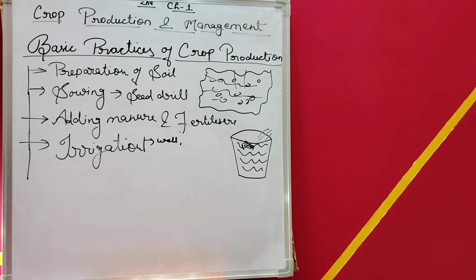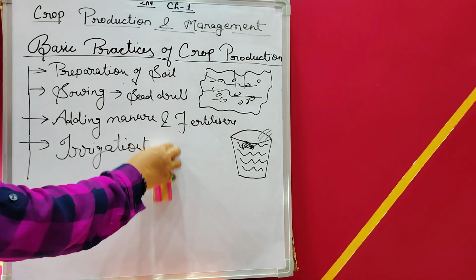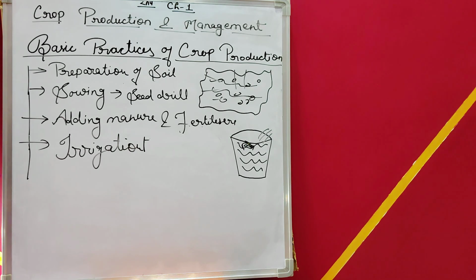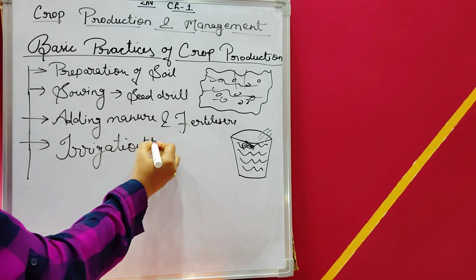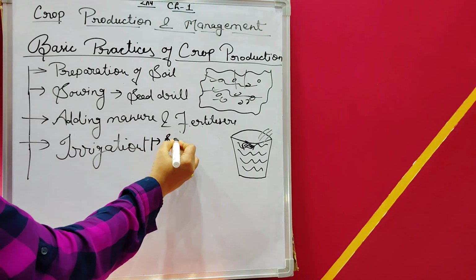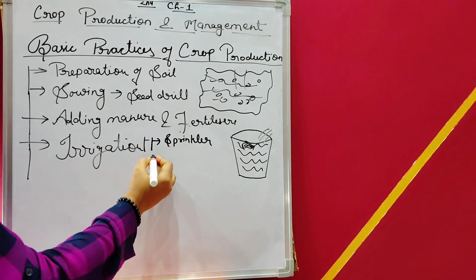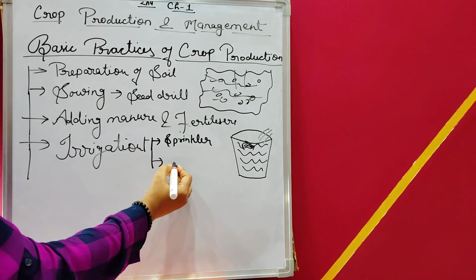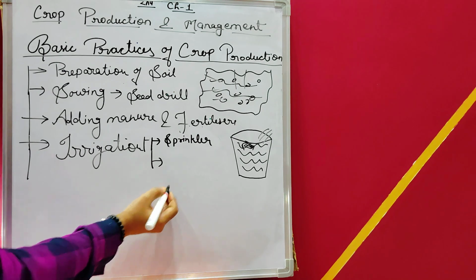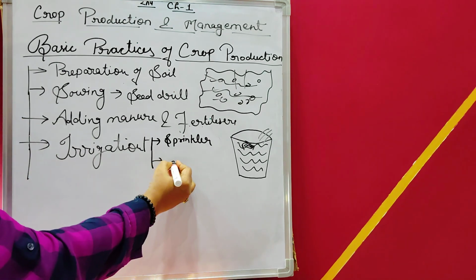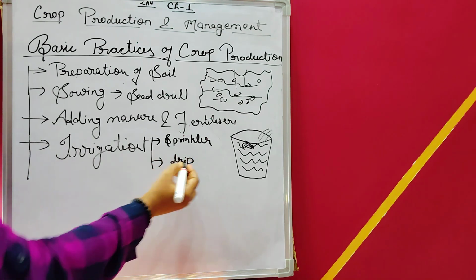In the modern era, two methods are very famous. One is the sprinkler system, and another one is known as the drip method. What is this?